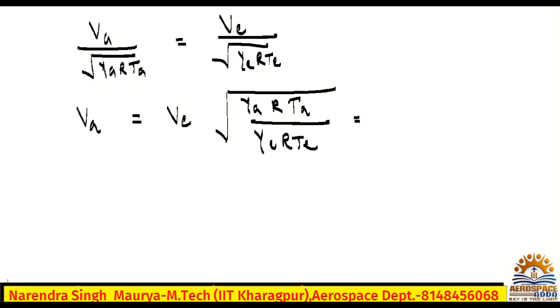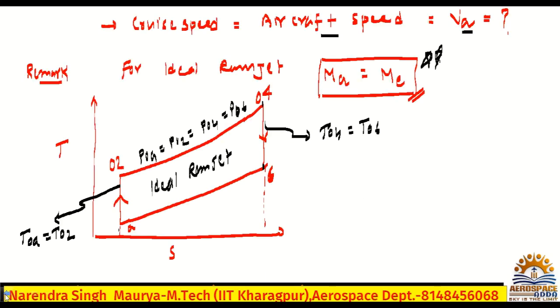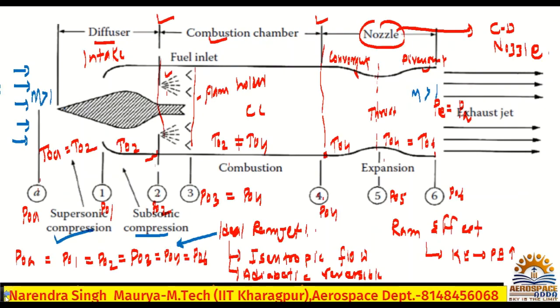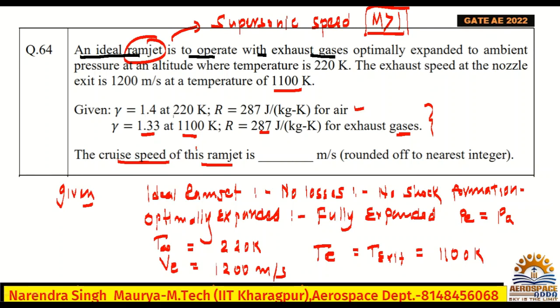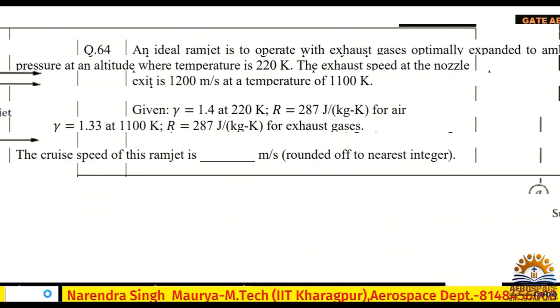We'll write all the values here. Check from the problem. Gamma for air, intake, and this is the exit. So gamma 1.4, temperature 220, R is 287 in both places, so you can cancel that out. And exit gamma is 1.33. What is the exit velocity? 1200 meter per second.